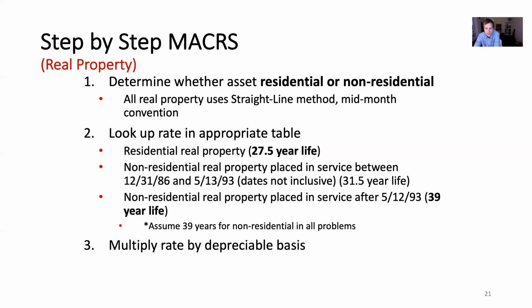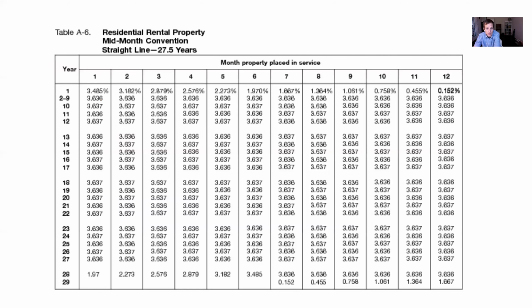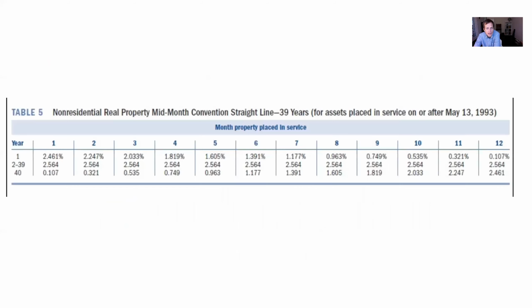And I'll always use the original basis. So this is the residential table that we'll use, and here is our non-residential table. They condense it here because it's straight line. It's the same every year in the middle. In the first and last year, they've applied the mid-month convention for us. We only have to apply it if we sell it in one of these middle years.